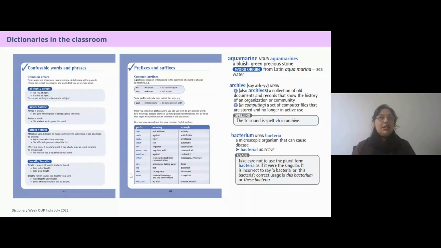So it is a plural word. So these are the additional information that dictionaries have, and they're useful for teachers to point out or use dictionaries in the classroom and use some of these features to help develop children's word knowledge and knowledge of the language.